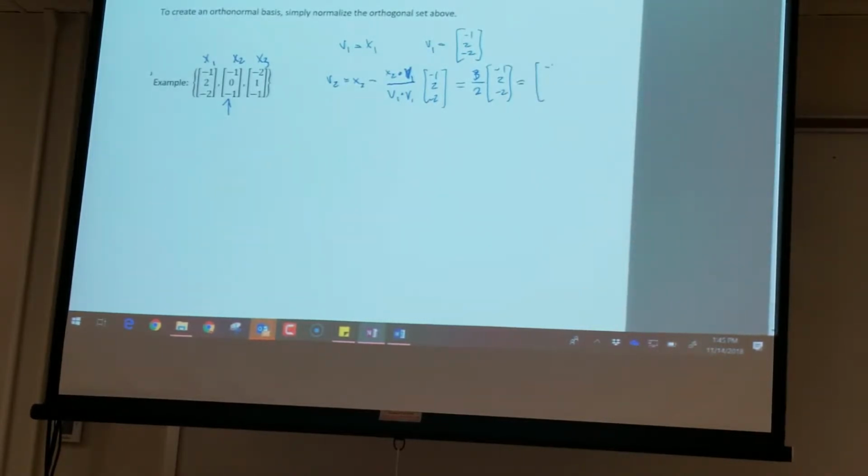Ugh. Something wrong? Oh yeah, subtract x2 from it. So v2 is going to be x2 minus this whole thing over here. So what was x2? x2 was minus 1, 0, 1, and then now we just got minus negative 3 halves, 3.